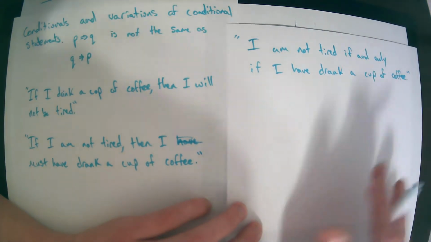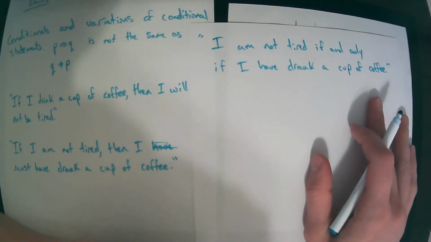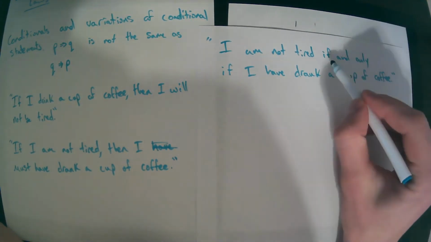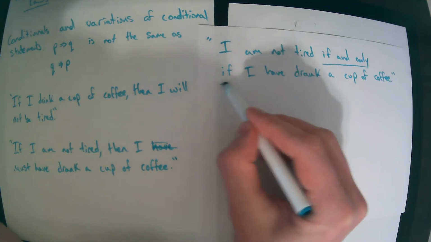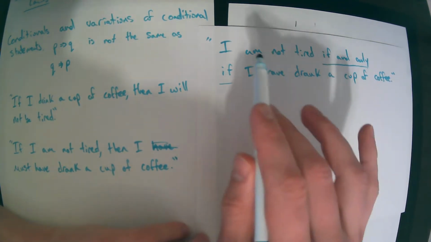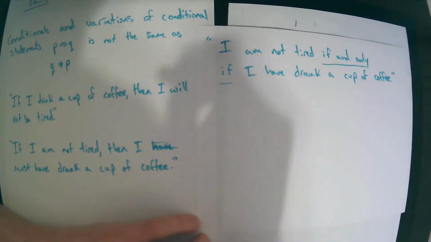Okay, so no one really talks like this in the real world, in normal conversation. But this phrase, if and only if, is really important. It says that the only way I cannot be tired is if I drink a cup of coffee.